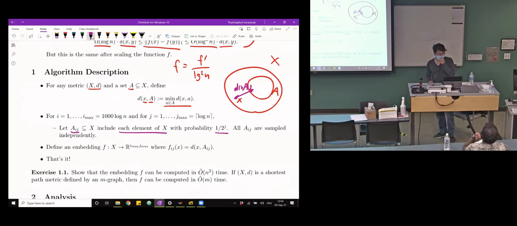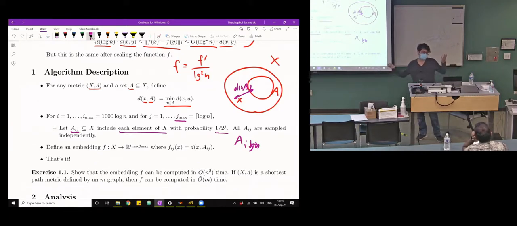Think of it like this: if j is big, around log n, then this set would contain about one point in X. If j is 1, then you include everything with probability half.